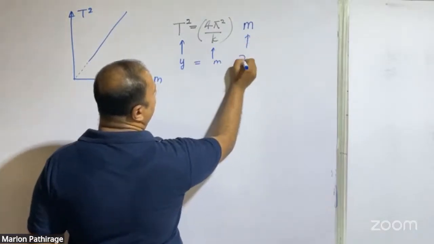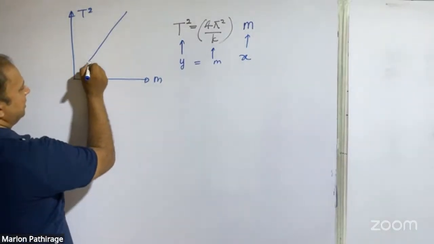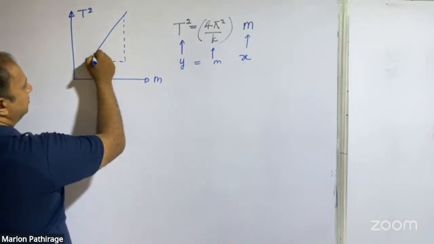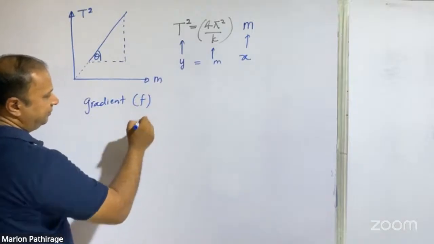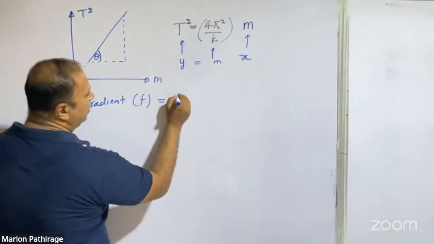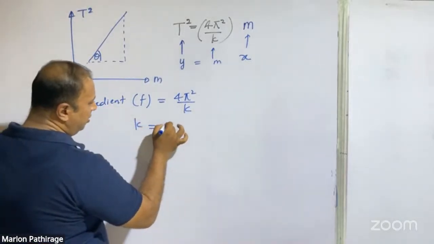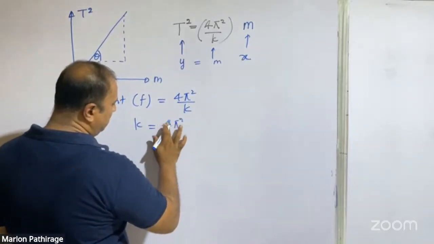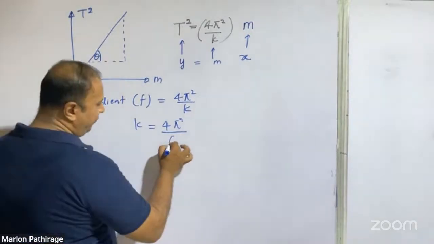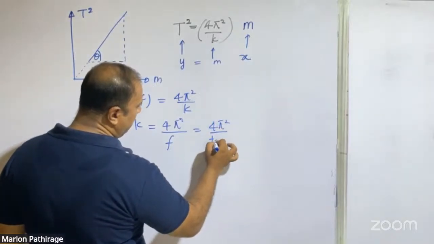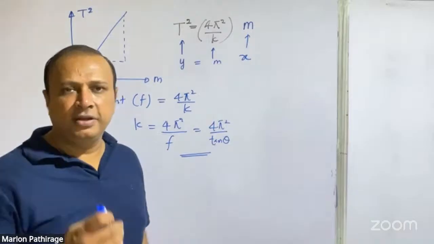So if I measure the gradient, gradient is equal to 4 pi squared over K. Therefore, K is equal to 4 pi squared over the gradient, or 4 pi squared over tan theta. So this is the way of determining K.